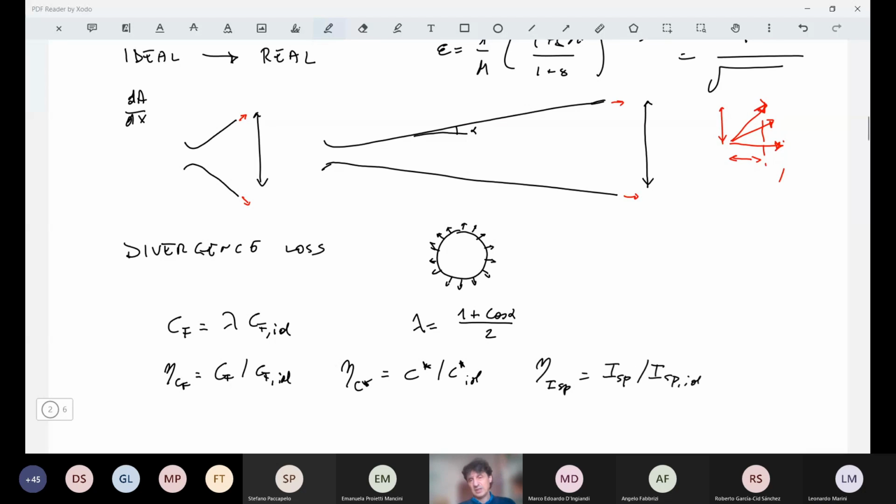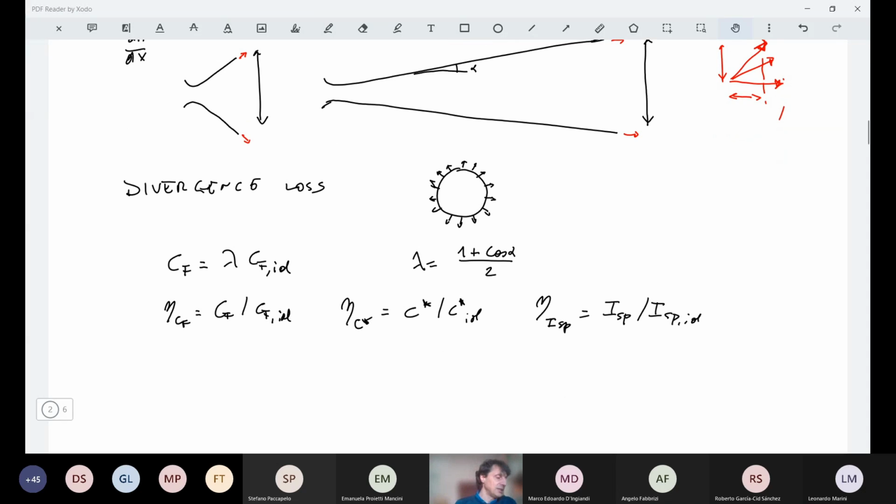These are the values measured with respect to the ideal ones and that are typically less than 1. Well, we can stop now, and in 10 minutes we will continue shortly on this, and we will go back to the divergence losses at 110.